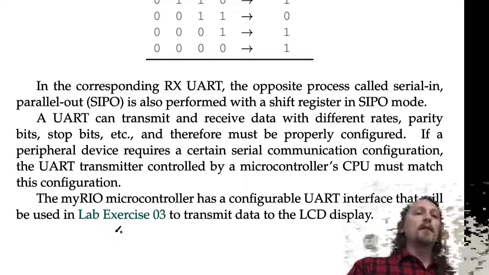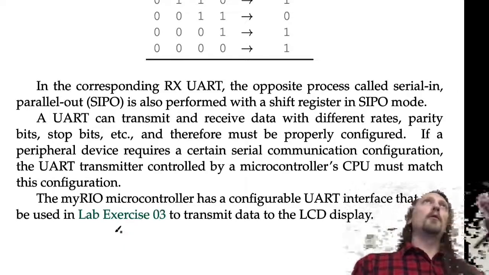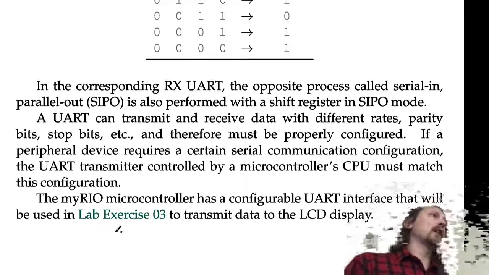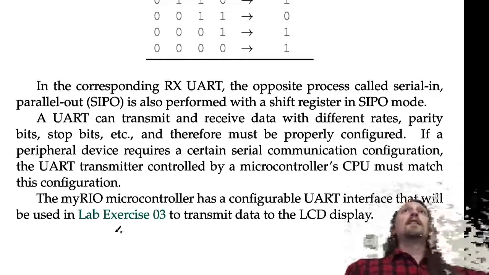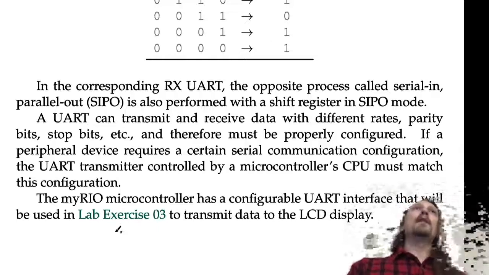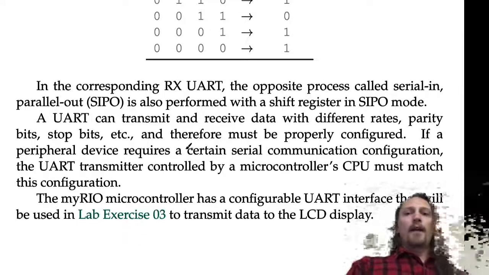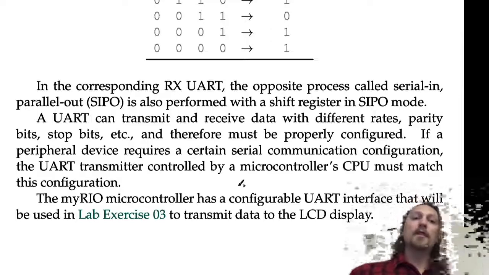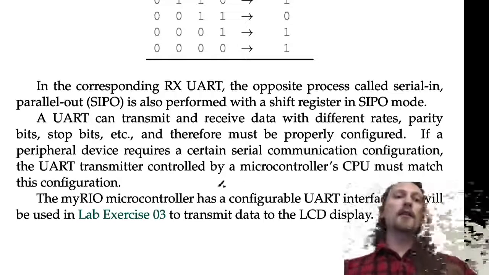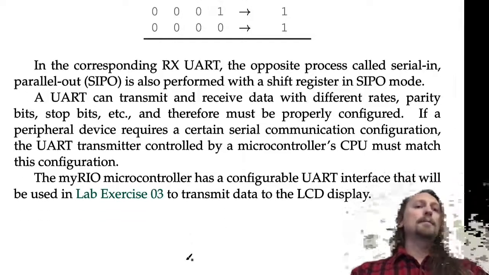And we'll actually have to do that with our UART. We'll be using the UART to transmit data to our LCD display, and our LCD display expects a certain UART setup. So we'll have to do that. If peripheral devices require a certain serial communication configuration, the UART transmitter controlled by a microcontroller CPU must match the configuration.